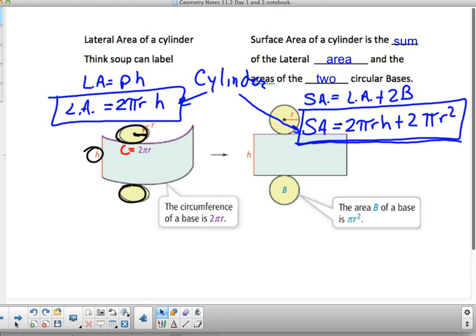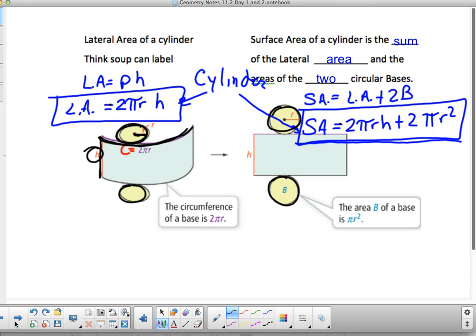Now, please keep in mind, why is it circumference? This is my first dimension, and finding my rectangle here, that's my soup label. But that wraps around this space, and the circumference is the distance around the base. I have my two yellow areas.